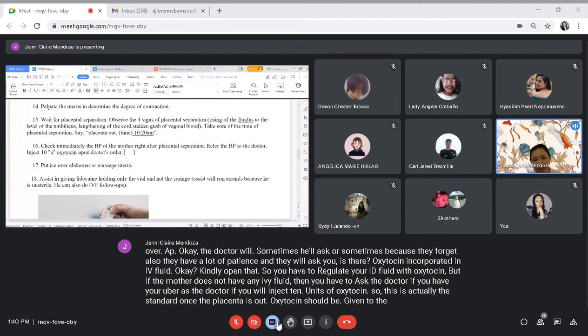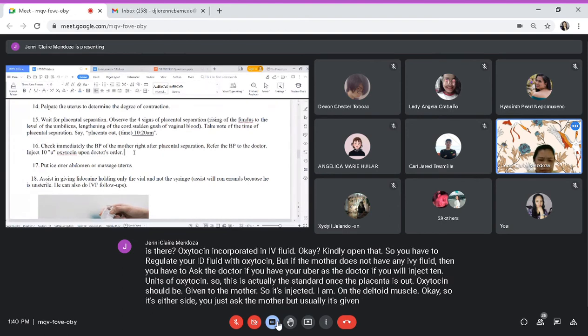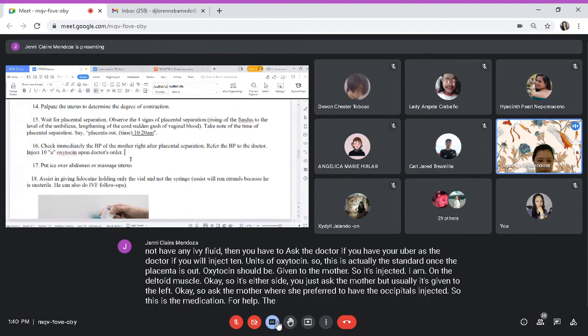So it's injected IM on the deltoid muscle. Okay? So it's either side. You just ask the mother, but usually it's given to the left. Okay? So ask the mother where she prefers to have the oxytocin injected. So this is the medication for healthy contraction of the uterus.